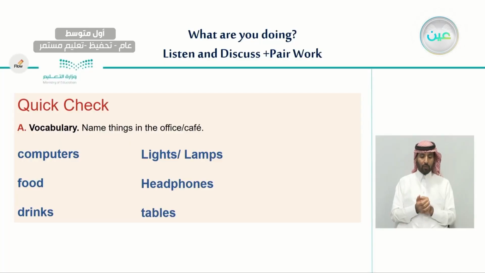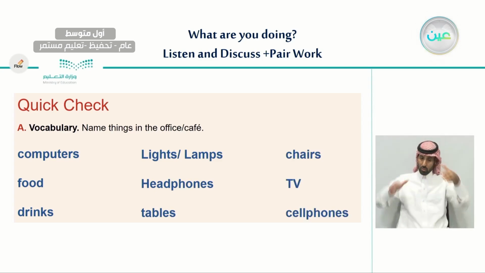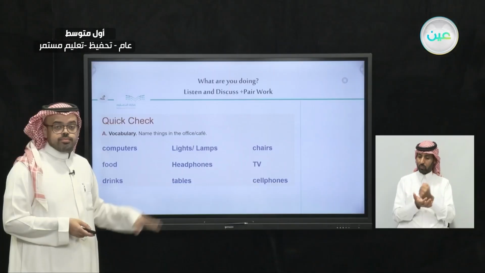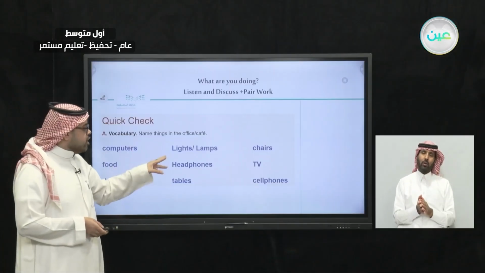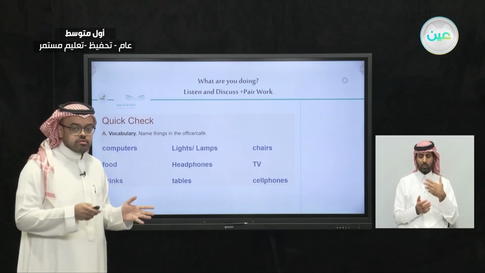We can see lights or lamps. We can also see headphones, tables, chairs, TV, cell phones, and other things at the office or at the cafe on pages 64 and 65.